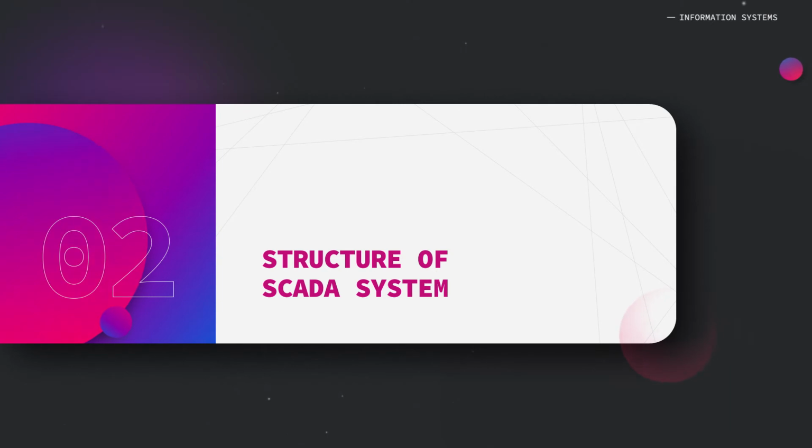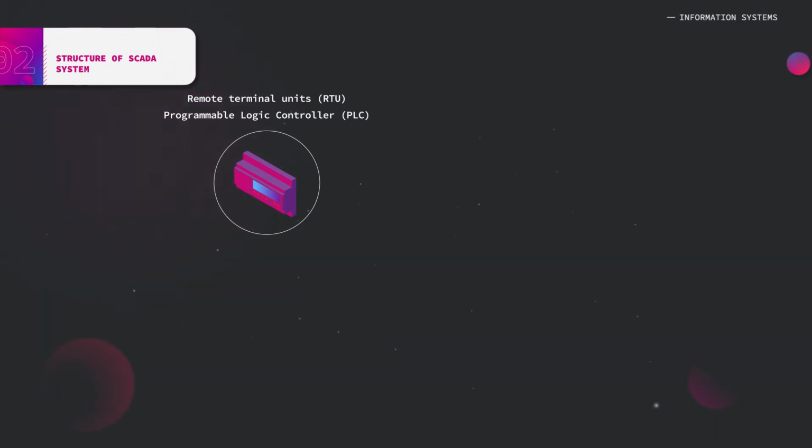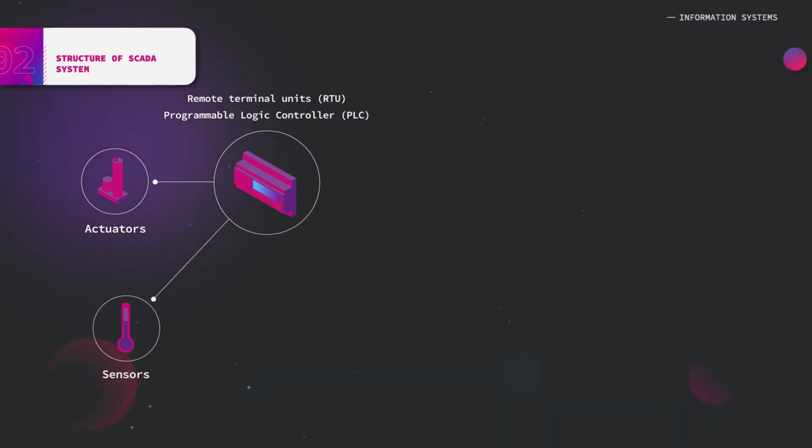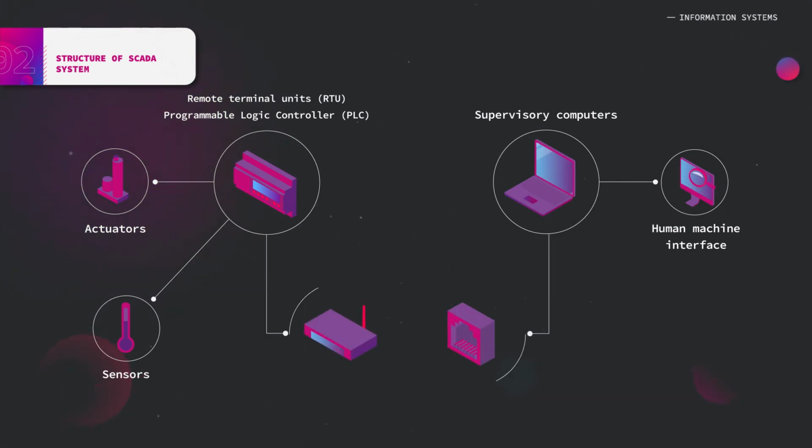In terms of structure and composition, SCADA systems are constituted by remote terminal units, RTU, or programmable logic controller, PLC, that connect sensors and actuators in the process. Supervisory computers, HMI, human-machine interface, that presents data to an operator in order to control the process.